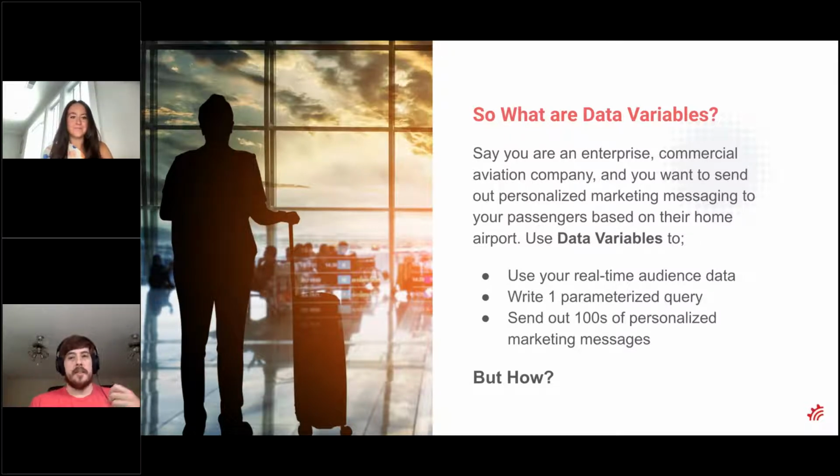Yeah, sure. So with data variables, similar to what launch variables are but an improved version, you as the marketer have the ability to control what data you're targeting. Like Danielle mentioned, she's heading out to Denver.